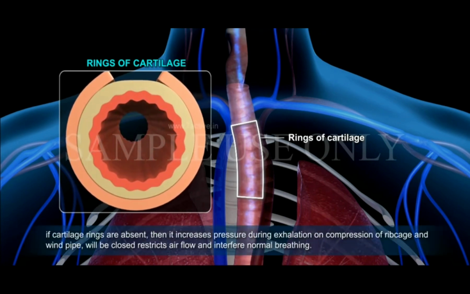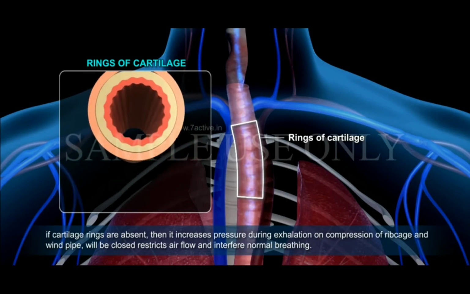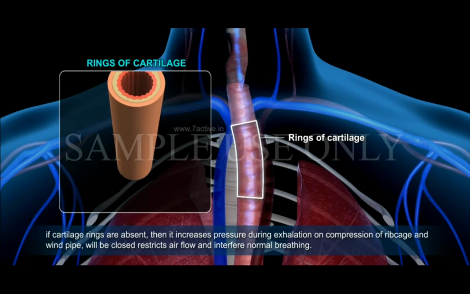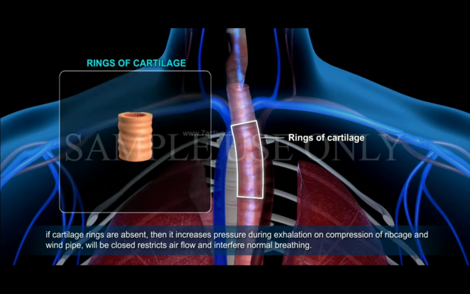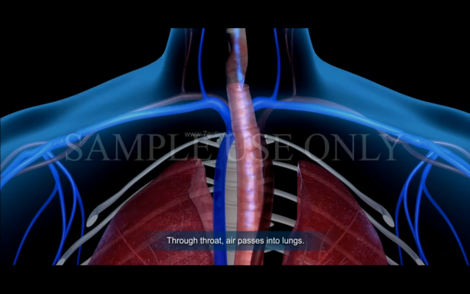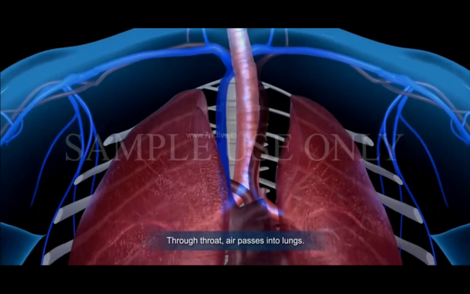If cartilage rings are absent, then pressure increases during exhalation on compression of rib cage, and windpipe will be closed, which restricts airflow and interferes with normal breathing. Through throat, air passes into lungs.